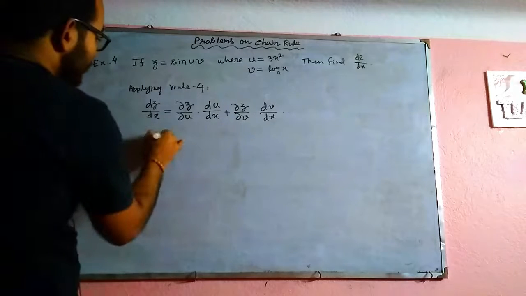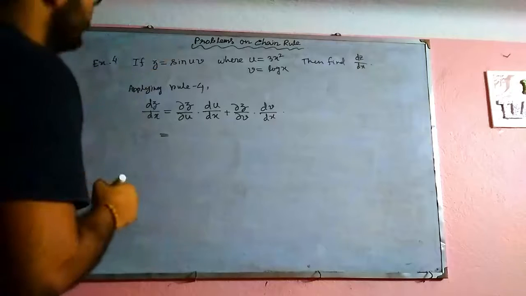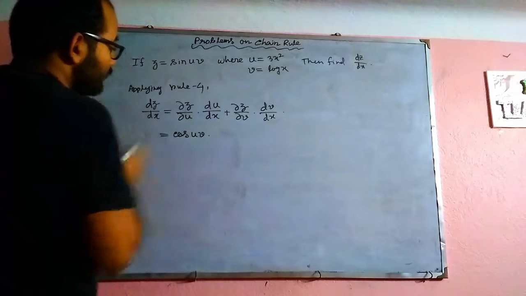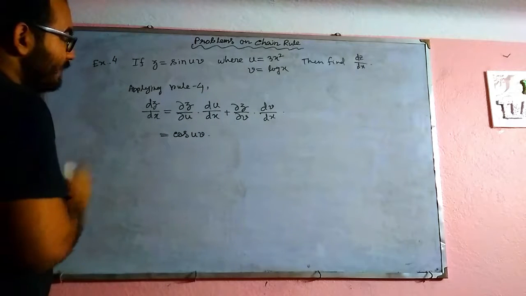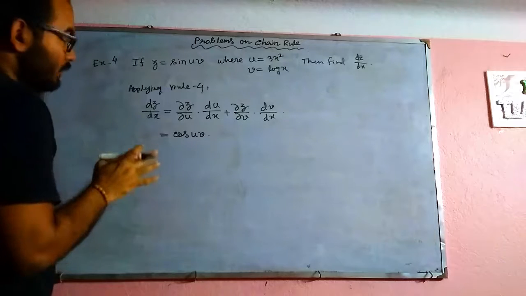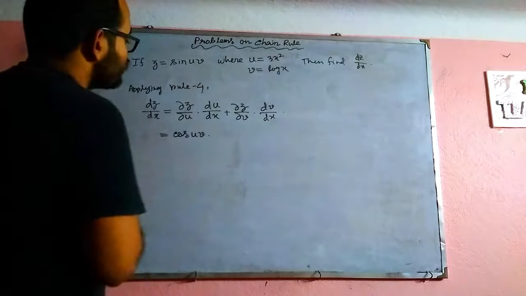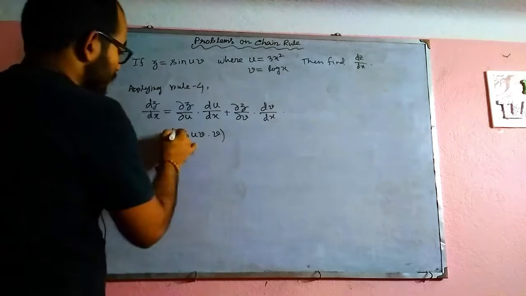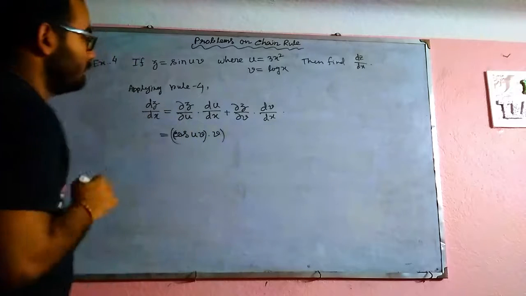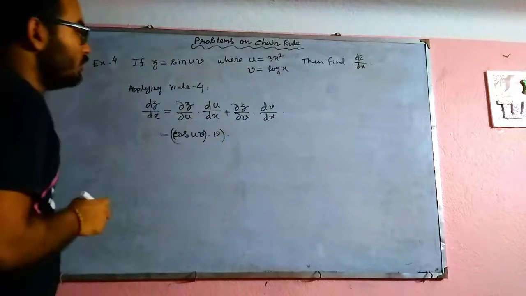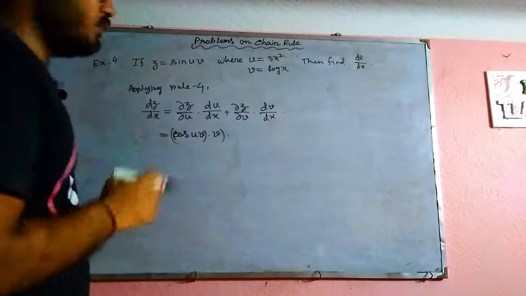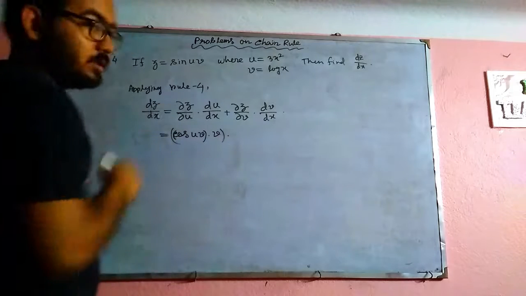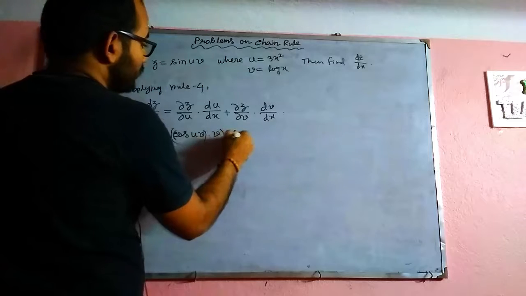So what is del z del u? See, del z del u is cos uv, and we have to differentiate uv partially, so it will be only v, and we have to differentiate u with respect to x. So what is u? u is 3x square, so 6x.